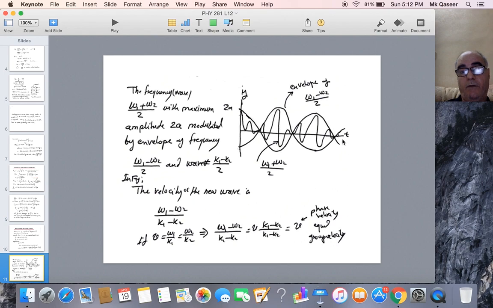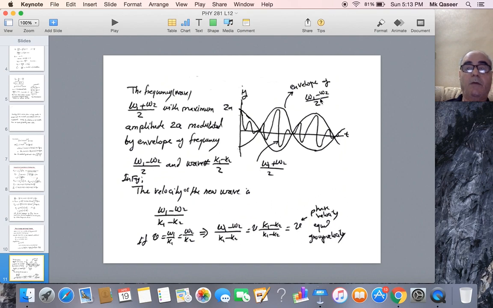Now we have an envelope, a slowly varying function, with this speed omega 1 minus omega 2 over 2, and we have the vibrating wave, which has a higher speed, omega 1 plus omega 2 over 2.